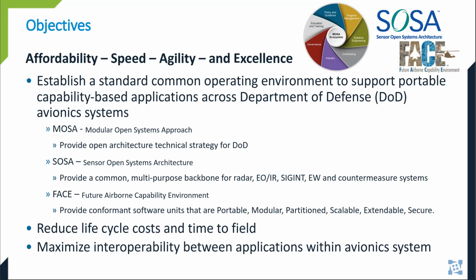So the DoD objectives are not just affordability, but speed and being able to quickly deliver new or updated software and hardware components, which requires agility, and it has to be safe, secure, and of course of high quality or excellence. So these objectives expand beyond software. It needs to include hardware and an architectural strategy, not just technical, but a business strategy as well.